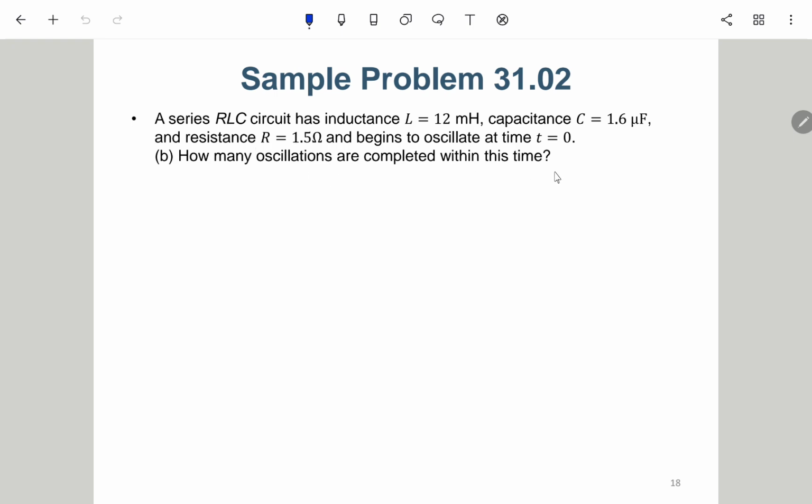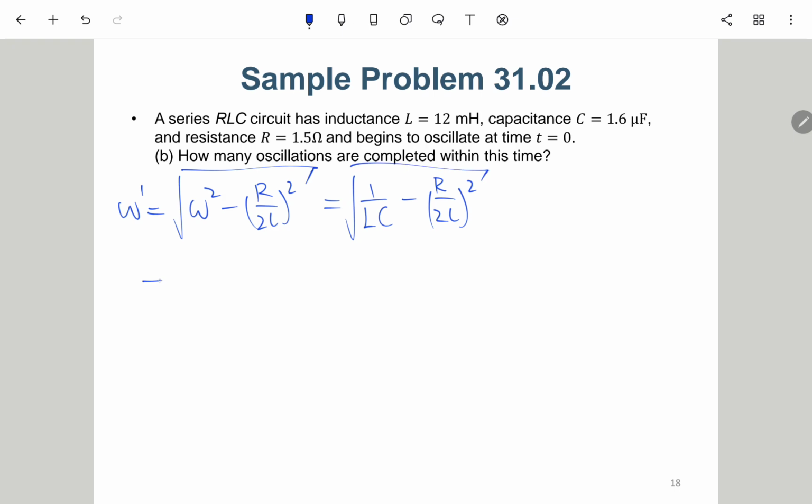within this time? First we would like to find omega prime to be the square root of omega squared minus the quantity R over 2L squared. So this is nothing but the square root of 1 over LC minus R over 2L squared. So we just plug in all the values.